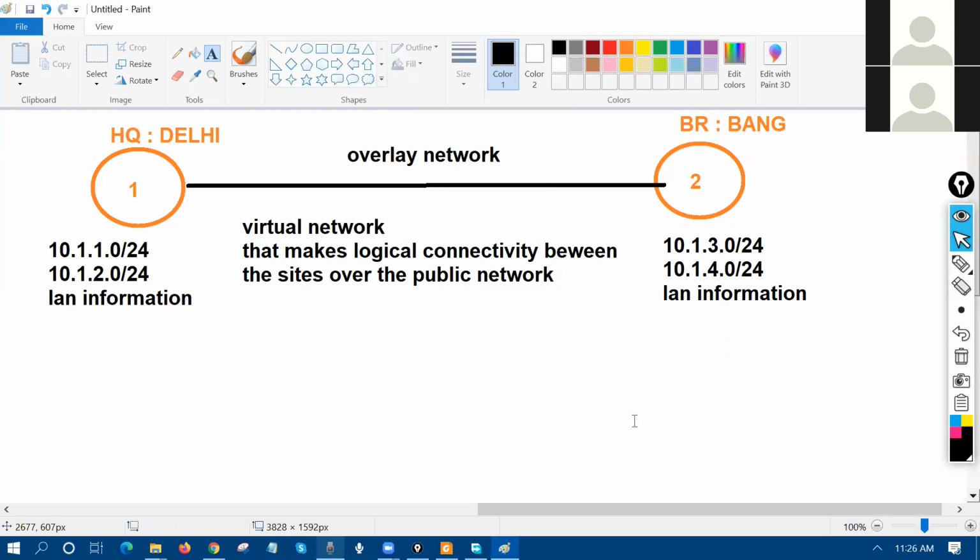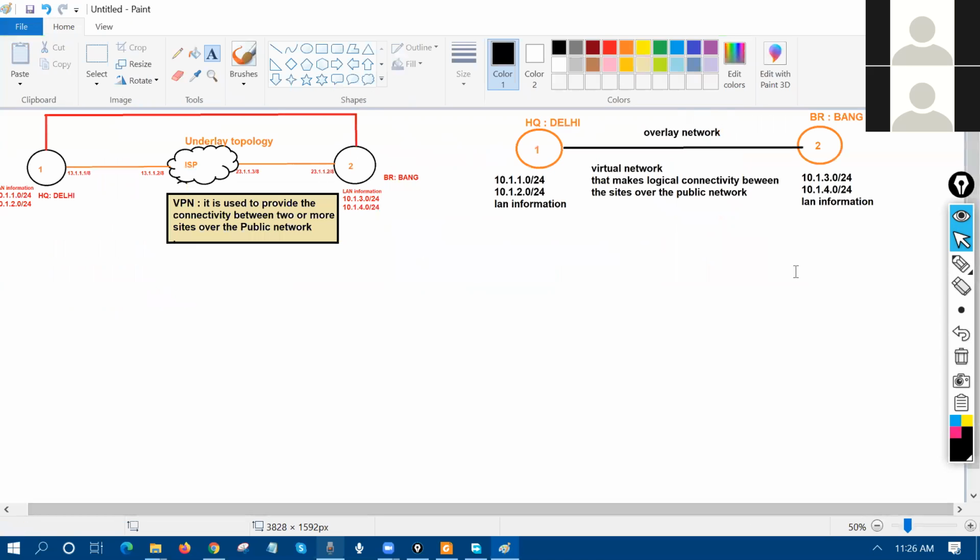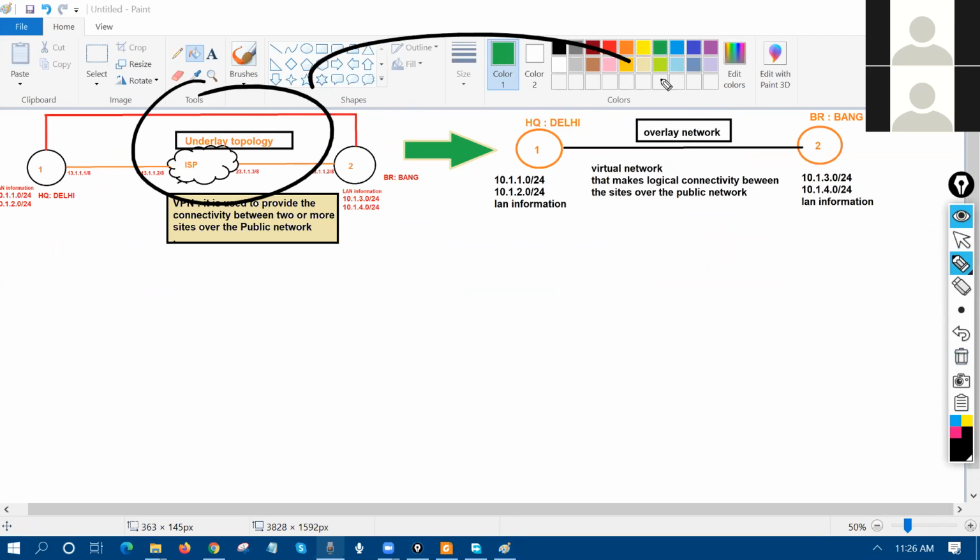So you can see that this is my underlay topology, and this is my overlay topology. After creating a VPN, my network will be converted from here to here, something like this. So we are just transferring my topology from this topology to this topology.